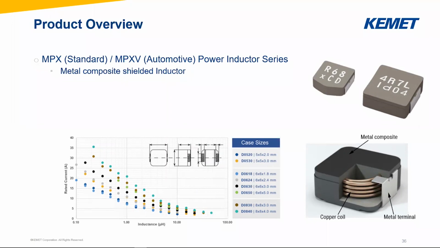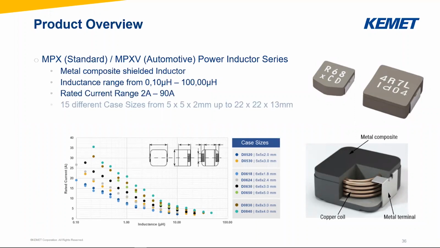We have a metal composite shielded inductor, and also a very high inductance range from 100 nanohenry up to 100 microhenry. The rated current range goes up to 90 amps, and we have 15 different case sizes from 5 by 5 millimeters up to 22 by 20. A bigger case size would not be possible in SMD, it would fall off the board.